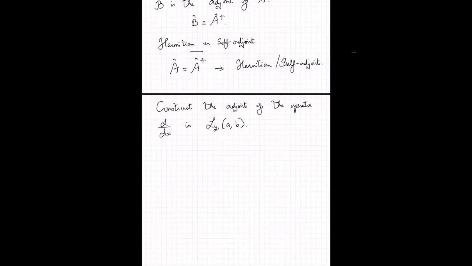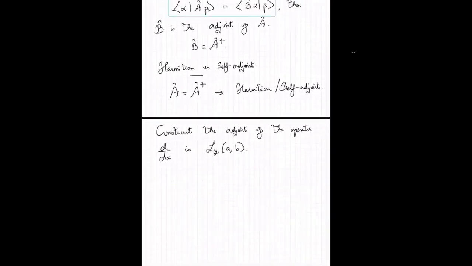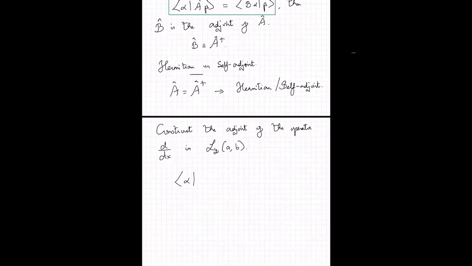Then the adjoint of d/dx should be constructed according to the prescription: the inner product of f with d/dx acting on another vector g should be the same as some operator, let's call this operator O, acting on f, with g. Now, naively, one might be tempted to think that the adjoint of d/dx is the same as d/dx, but you would actually quickly see that this is not true.